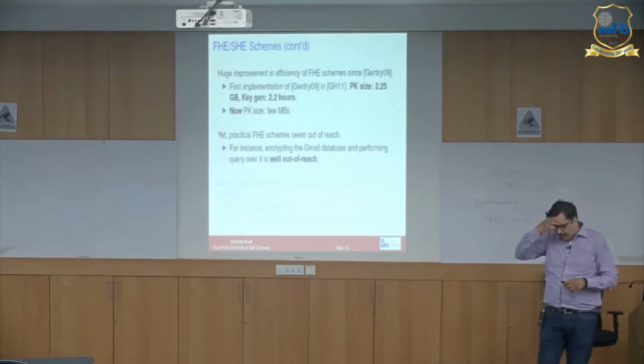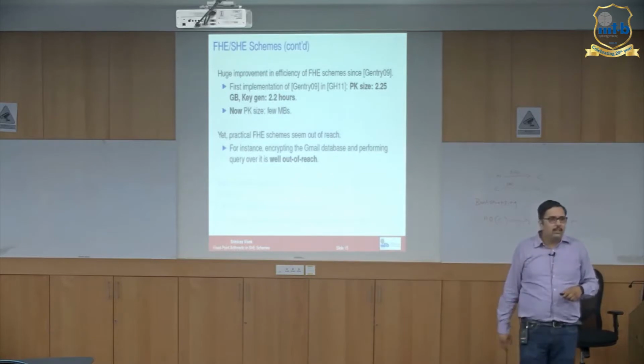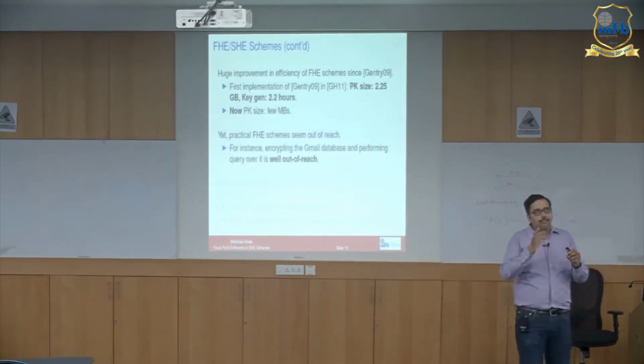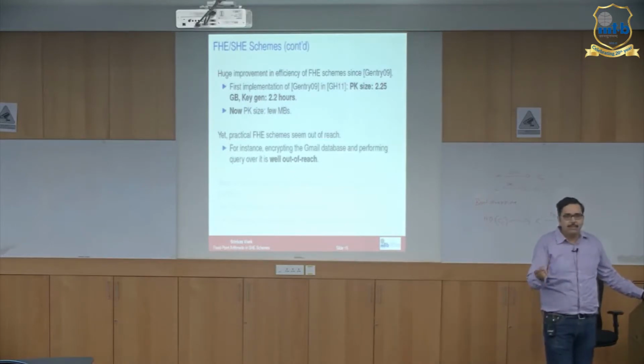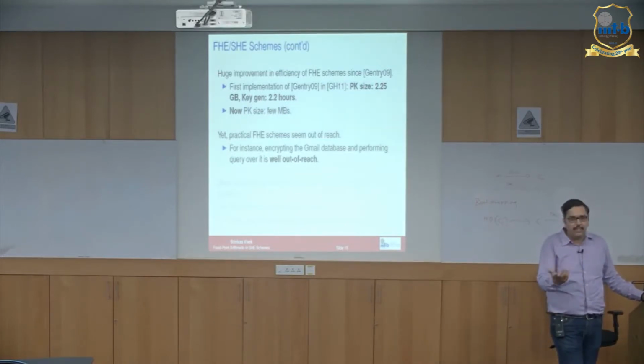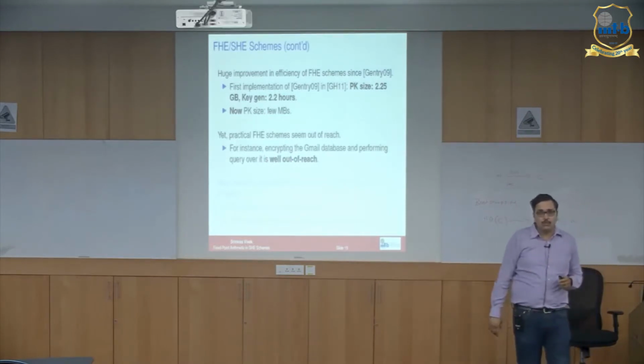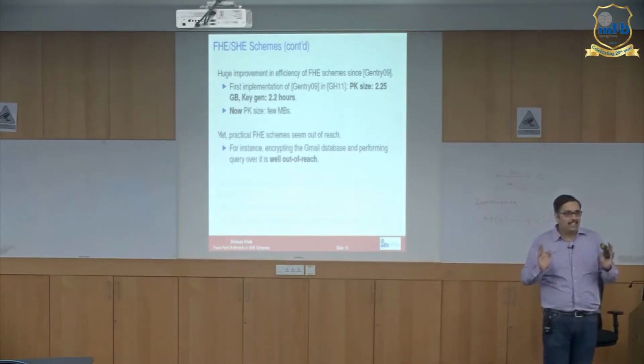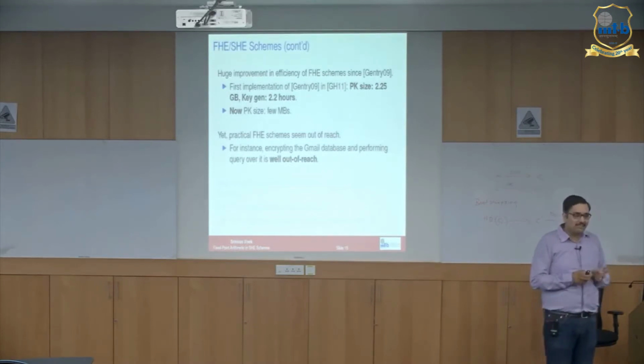People at Microsoft Research have already demonstrated how you can do, not the full genome sequencing, but at least some primitive operations like Hamming distance computation and edit distance. You can compute all those in realistic time. So it holds a lot of promise, but because it's so slow, there's a lot of scope for research.